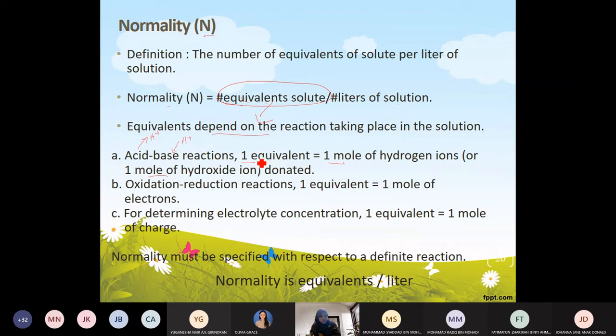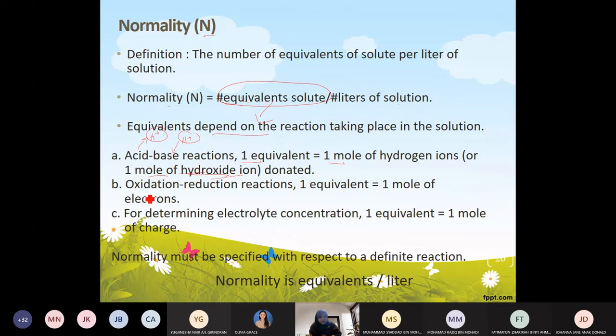So equivalent will depend on the number of moles of proton donated or proton accepted. Yang ini sama dengan hydroxide ion lah, accepted, sama.